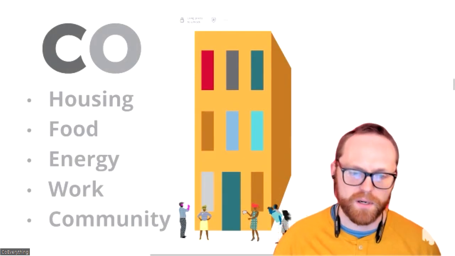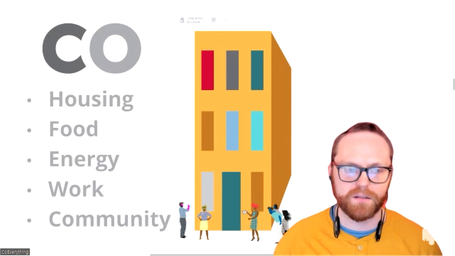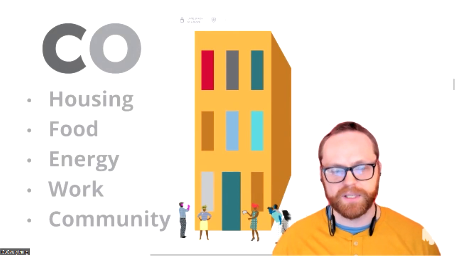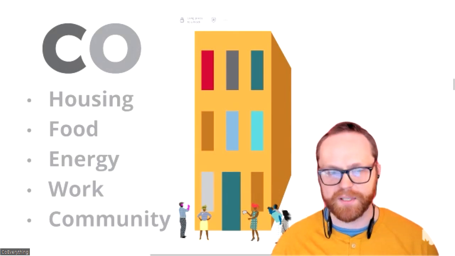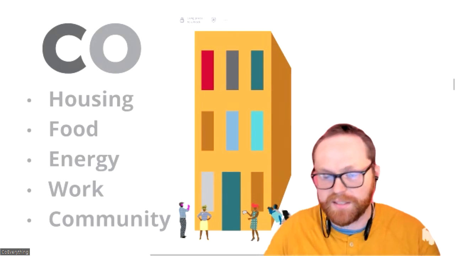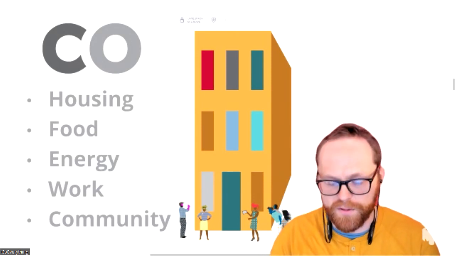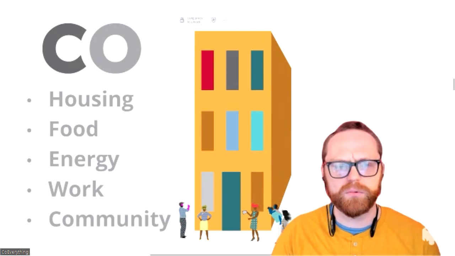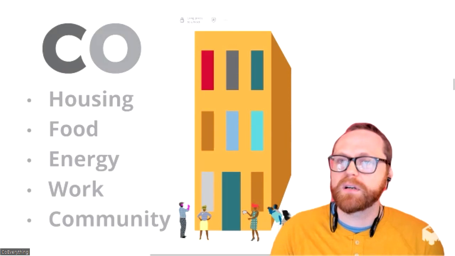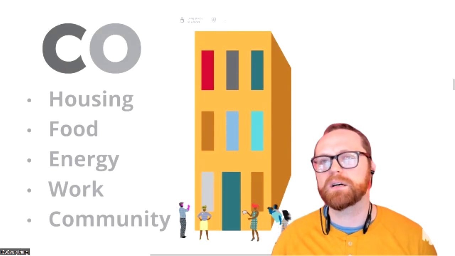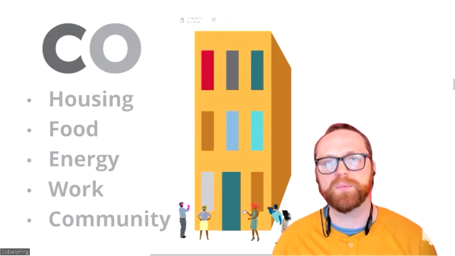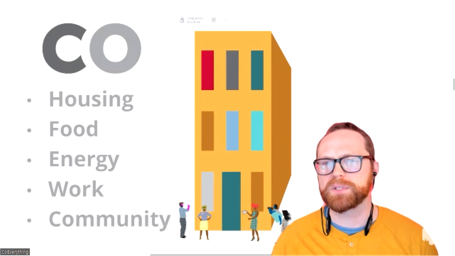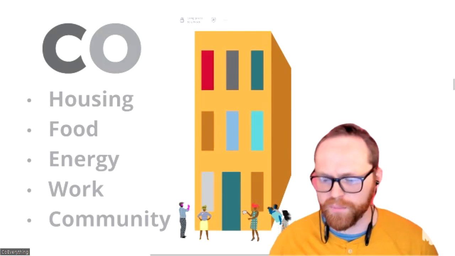And so our work intentionally touches on housing, food, energy, work, and community, all things that we believe are necessary to have a thriving life as a human. And so the theory when we started CoEverything was a question that brought us to it, which was, which things aren't better if we bring Co to it?